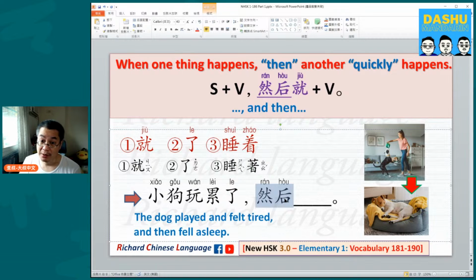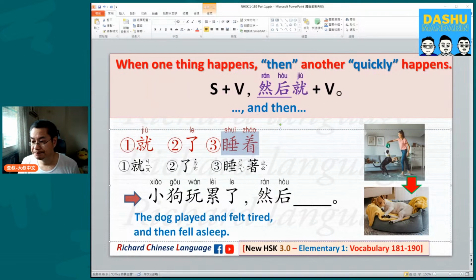然后, and remember, immediately we add the 就 after 然后. This structure never changes. 然后就睡着了. Whenever you say 睡着, that means you fall asleep already. It's not sleepy, it's asleep. When you say 睡着, you're in your dreams already. 睡着 means fall asleep.